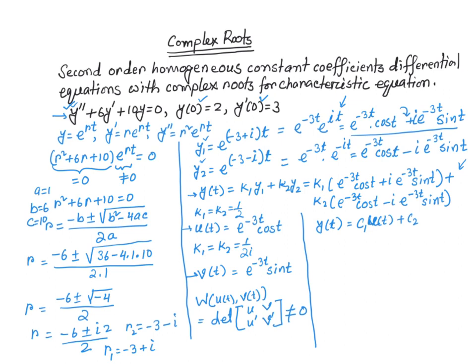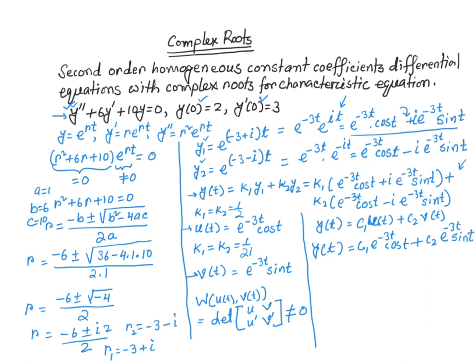What is my u of t? e to the power negative 3t times cosine of t, plus c2 times e to the power negative 3t times sine of t.